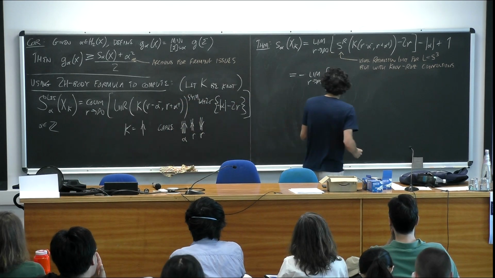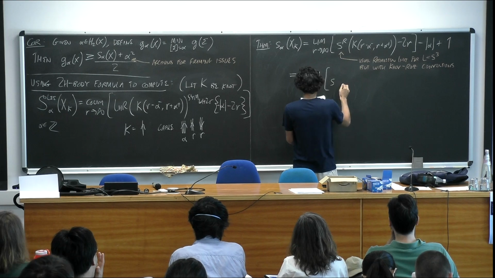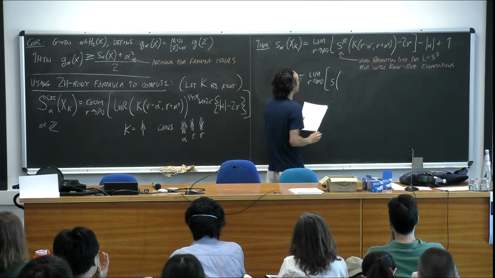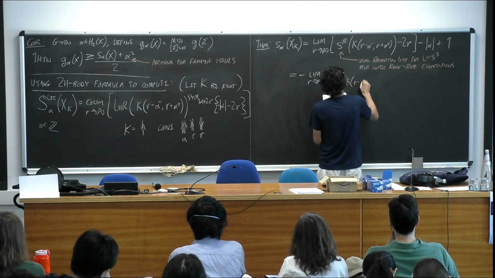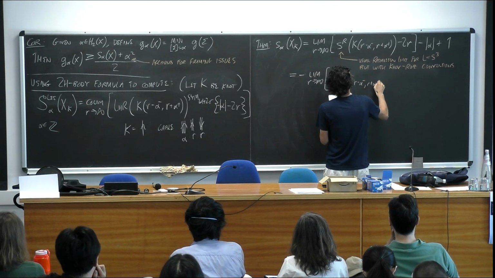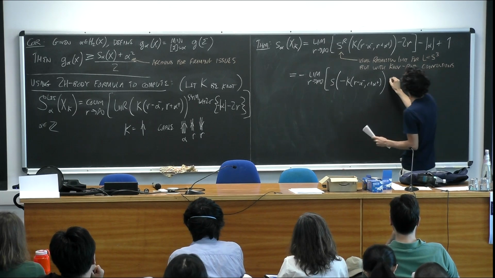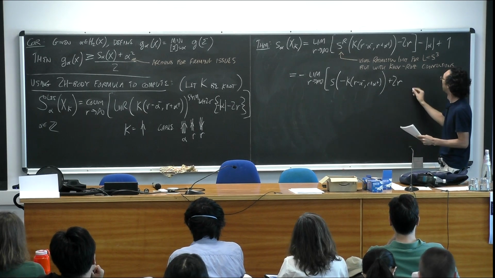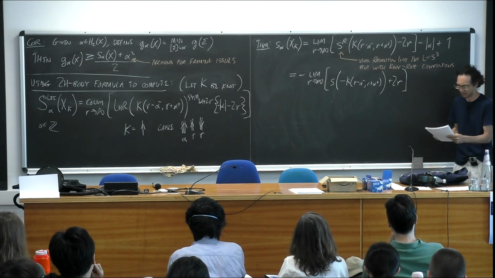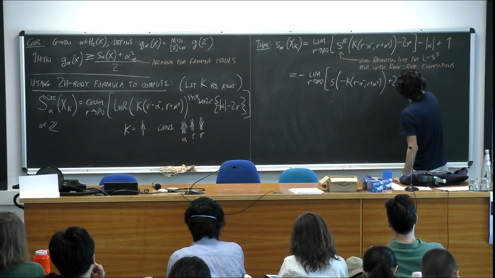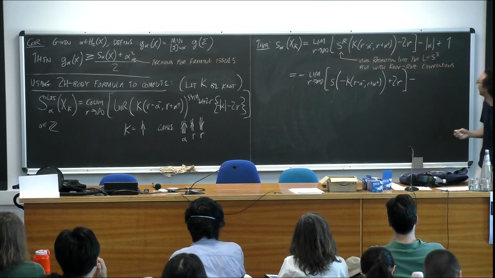So if you want to compute this in terms of the usual S invariant that you're more used to, it's the S invariant of the mirrors, and then there's a shift by the writhe as well.